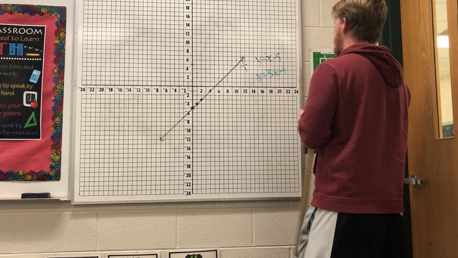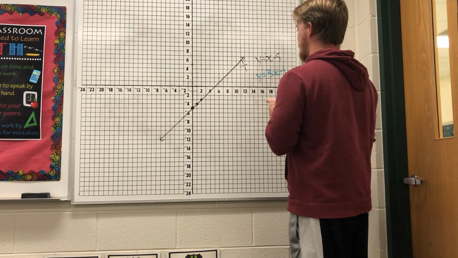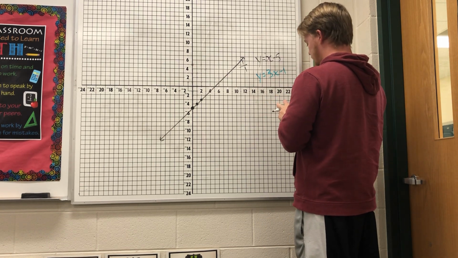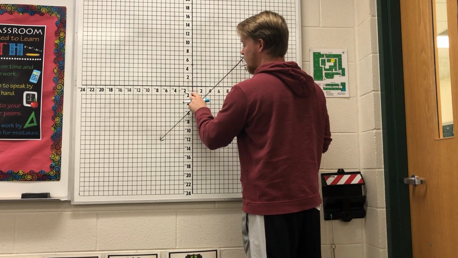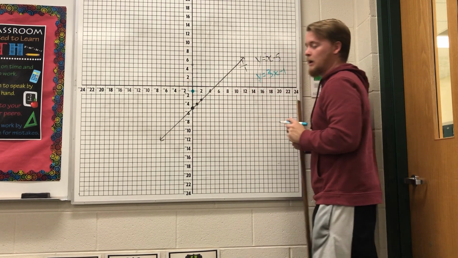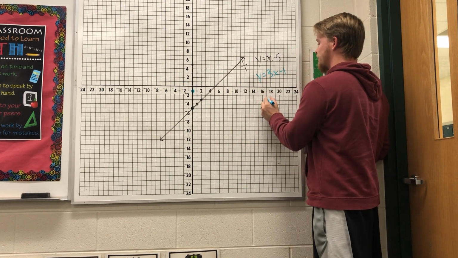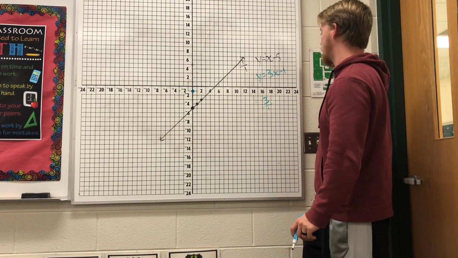So then I use my second equation, y equals 3x minus 1. Again, my first point comes from my y-intercept, which is negative 1. So I go down to negative 1, make a point. Then I use my slope, which is 3. To make that in rise over run form, I put it 3 over 1.